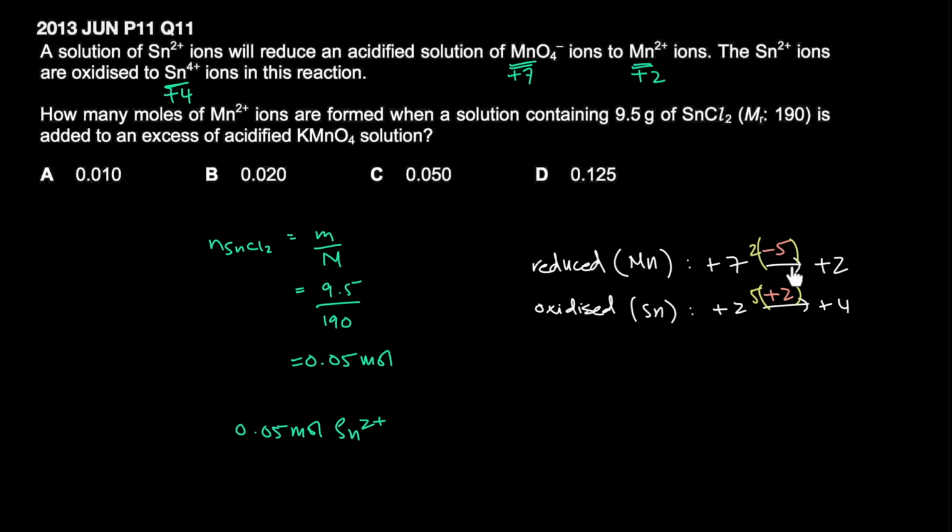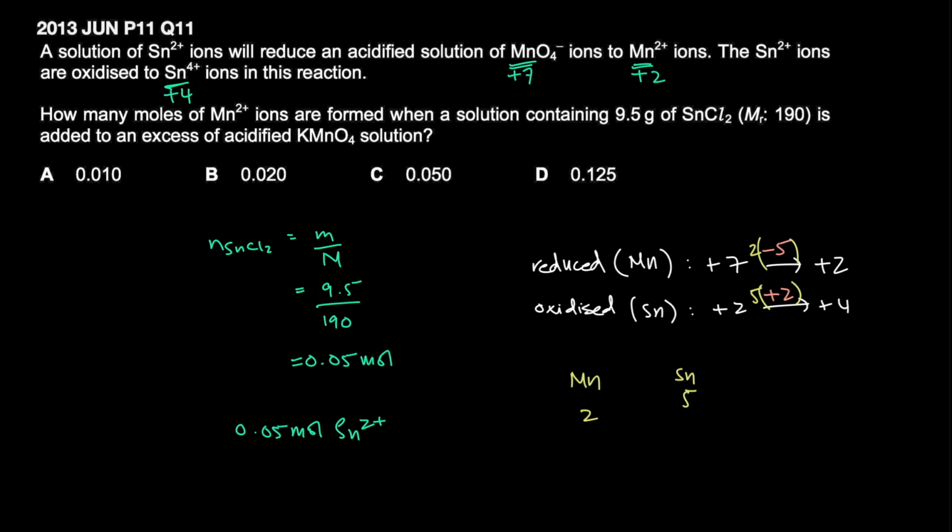So if we have 2 of those, the overall decrease is -10, and each tin has a change of +2. If we have 5 of those, we have an increase of +10. So the increase and the decrease have to balance. That means for every 2 manganese atoms, we would have 5 tin atoms reacting in this reaction.